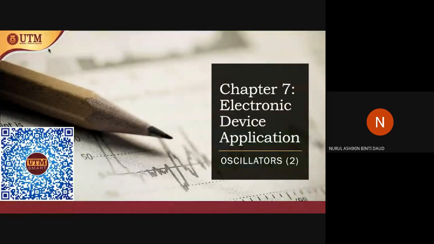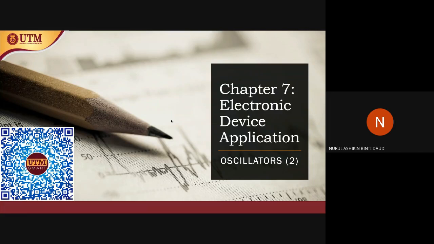Okay, so for today we will continue Oscillator, chapter 7, the last chapter for this course, where we focus on electronic device applications, which is about oscillators.